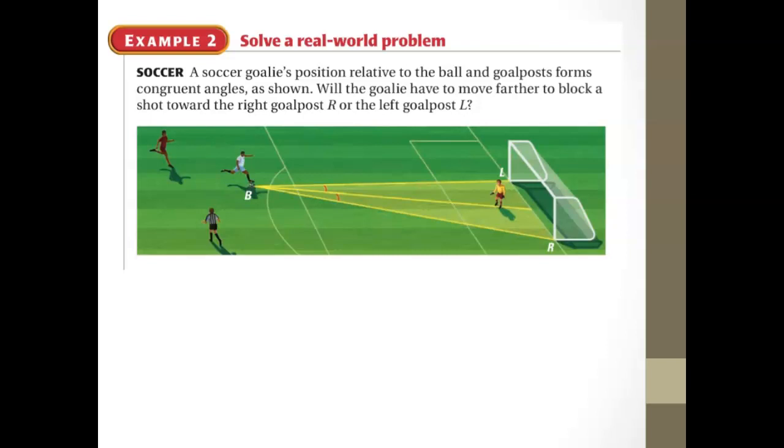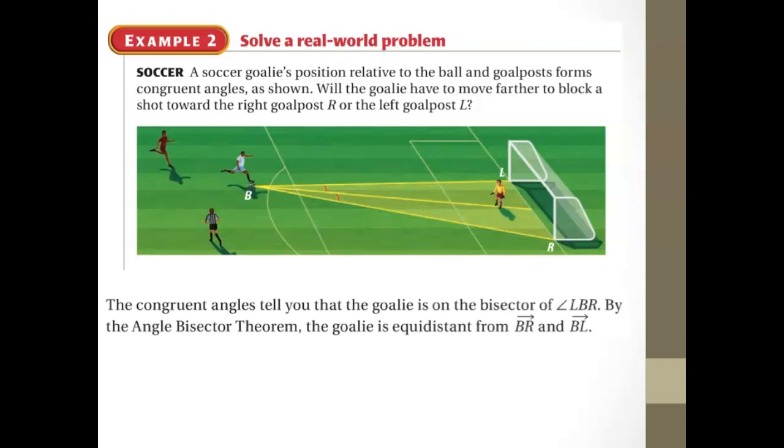Using the angle bisector theorem, that must mean that the goalie is the same distance away from R as it is from L. So does the goalie have to move farther to block a shot towards the right or the left? It's going to be the same either way.